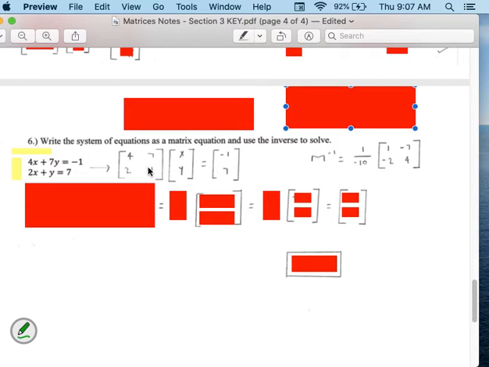And swapping A and D and changing the signs of B and C.